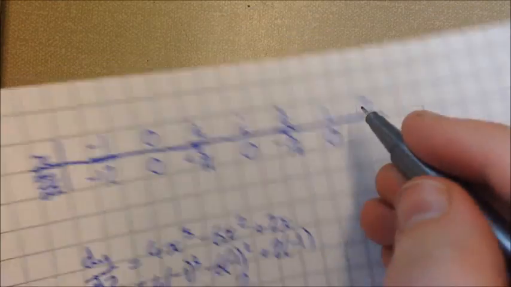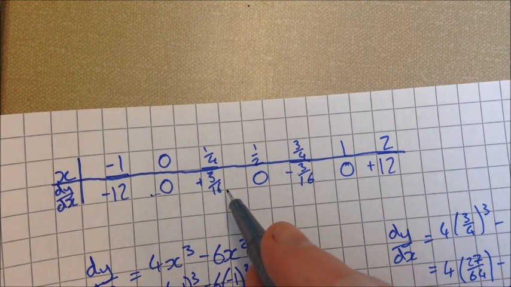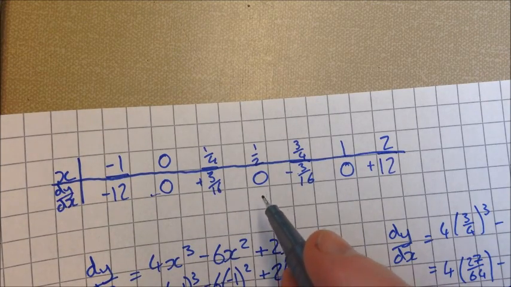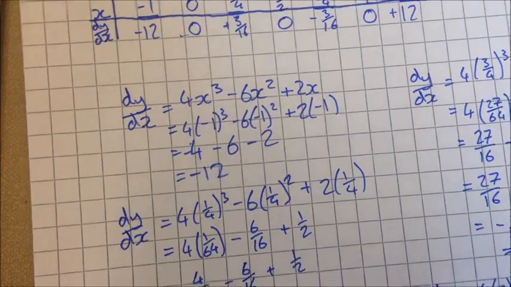So it's positive. So we have got a negative, a 0, a positive, a 0, a negative, and a negative, a 0, a positive. There seems to be a pattern here.